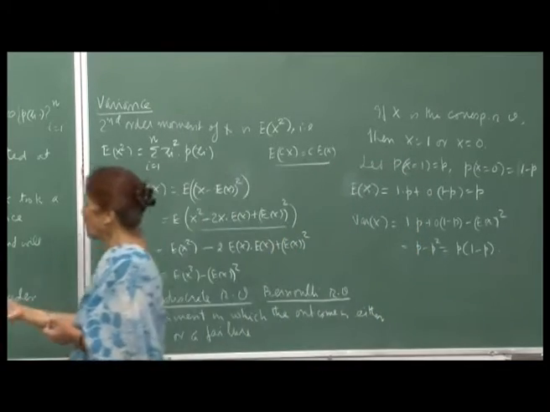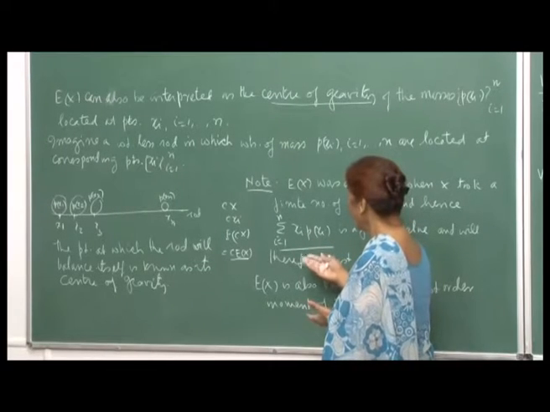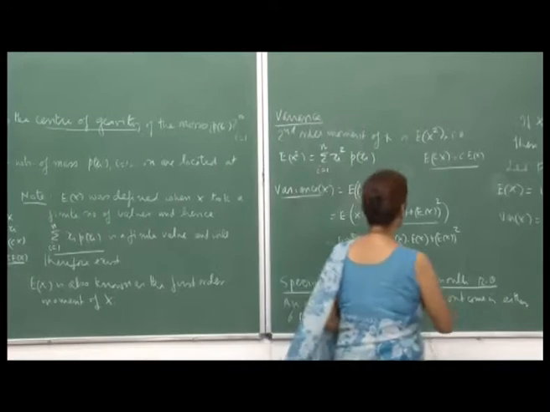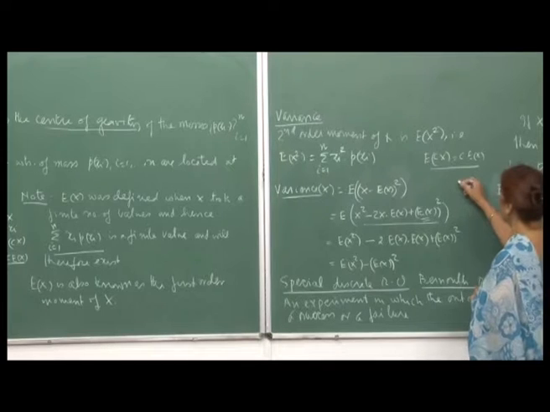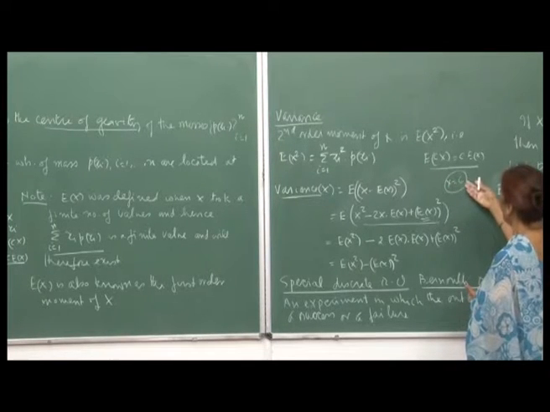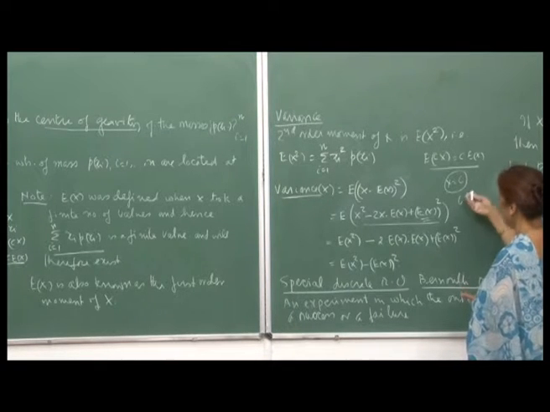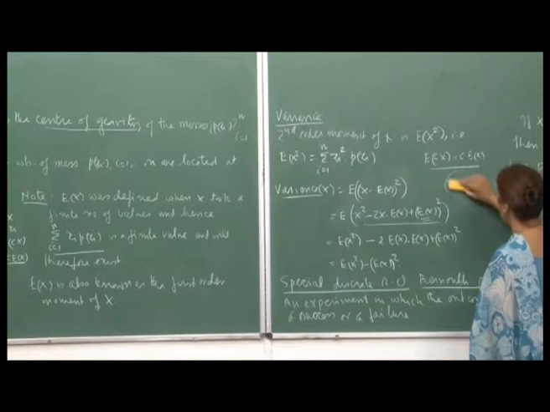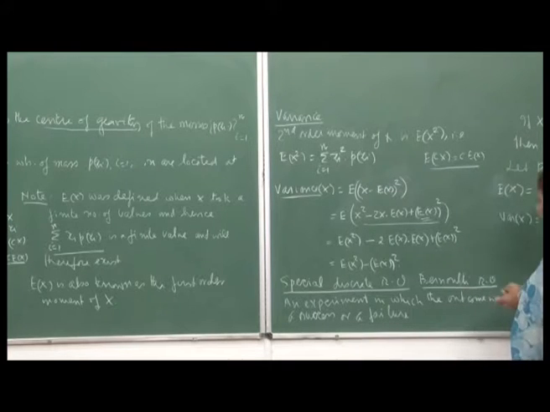Again, I am using the property that if a random variable is taking a constant value, then this is not a random value, essentially this is a constant. So, if x is C for all possible values, then the expectation will simply be C, because this has probability 1. Whenever a random variable is just equal to a constant, its expectation would be just that constant value.